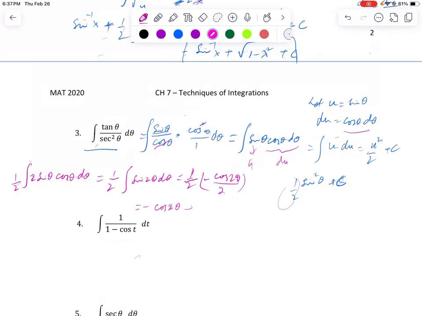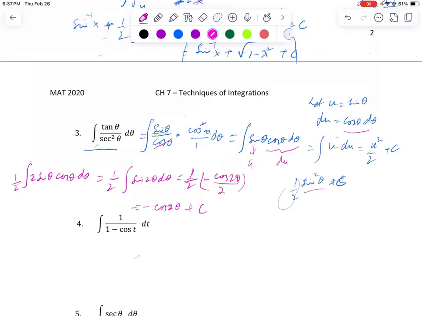over 4 plus C. Okay, now see, this is cosine 2 theta. Here we were getting sine squared theta, or we were getting cosine squared theta. So is this answer different? No, it is the same. Why?